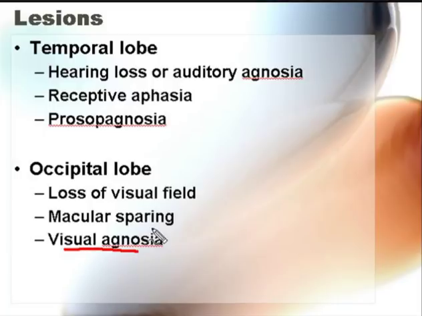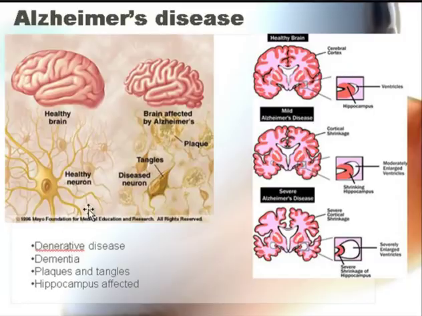Let's now look briefly at Alzheimer's disease. This is a huge topic by itself, so I'm just going to describe it briefly. Important things to know about Alzheimer's disease are that it's a degenerative disease and the distinct cause is not known. It's thought to be genetic, and they say that some proteins are linked with greater incidence.